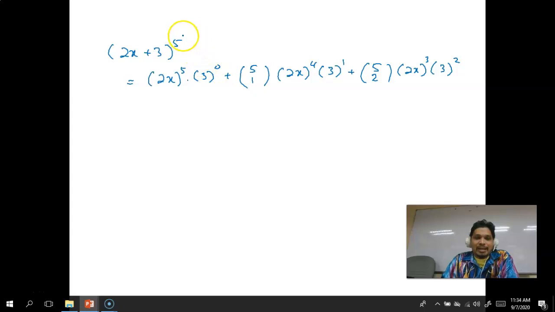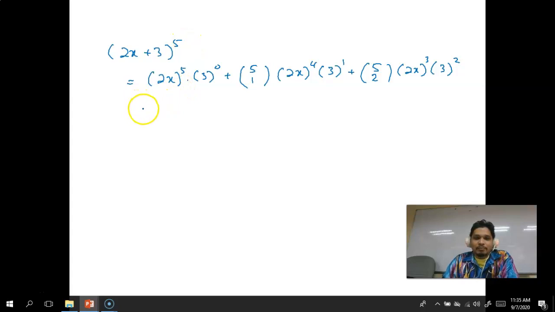Okay, the n is 5. So look at this one here now. 5 and 0: 5 plus 0 equal to 5. 4 plus 1 equal to 5. 3 plus 2 equal to 5.